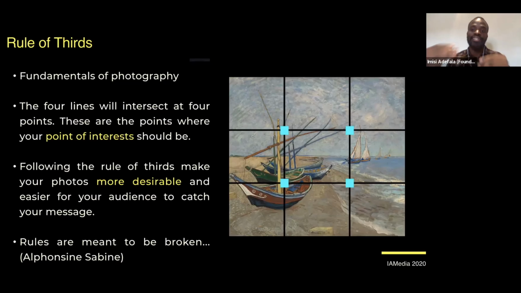Once you start to understand these different techniques, that's when you can become a critical thinker when it comes to photography. Because you can look at a photo and be like, oh, that photographer's broken the rule of thirds. I wonder why. Is he trying to make some crazy statement about the state of the world? I don't know. Those type of questions can make you have more questions.